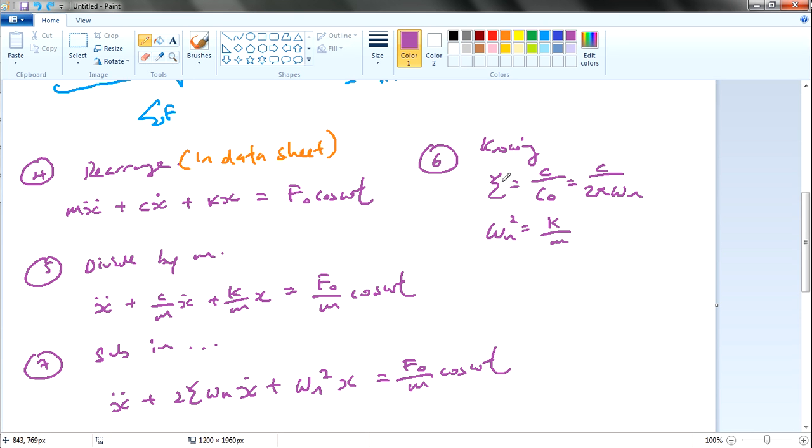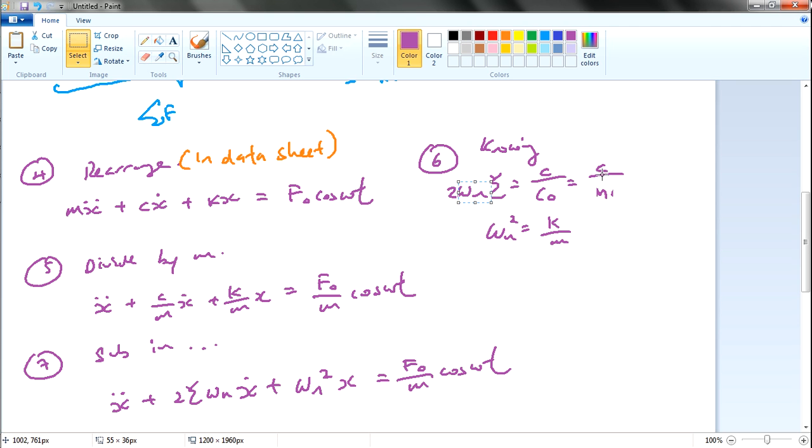We know that this damping factor can be illustrated using this equation, and the natural frequency, if you take away the square, is equal to k over m, if you remember. We take these two relationships and just rearrange. You know that c naught is 2 m omega n, it's not pi. So for c over m, you bring 2 and omega n outwards.